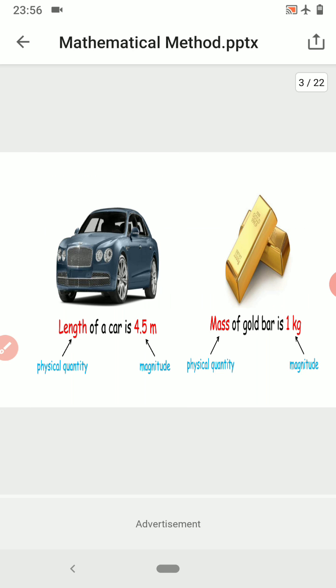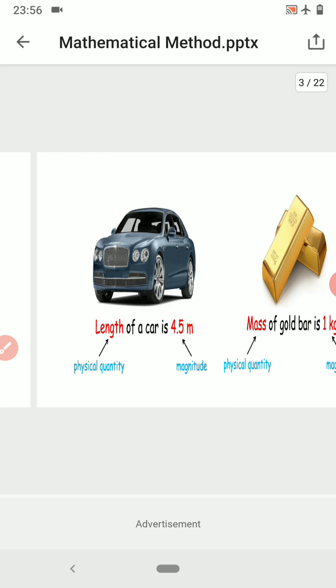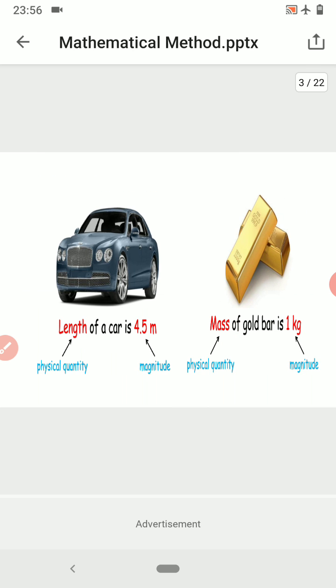Such physical quantities which do not need directions are called scalar quantities. So scalars require only the magnitude. So here are some scalar quantities.